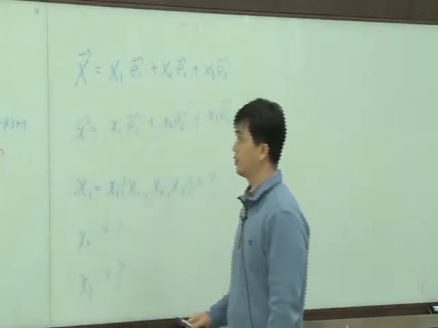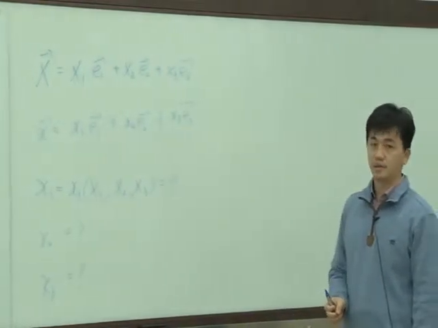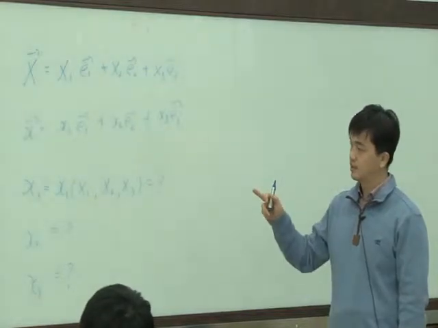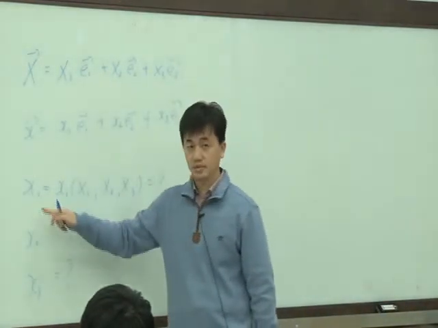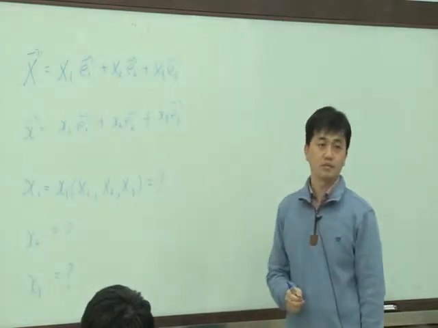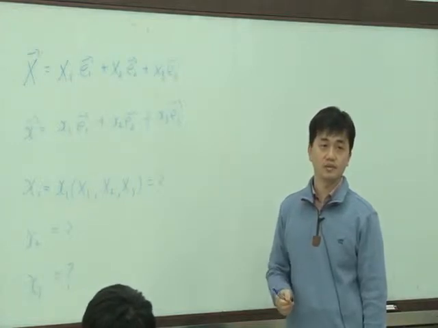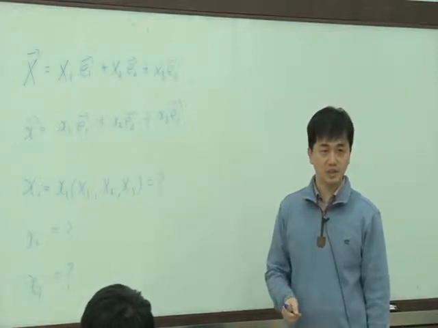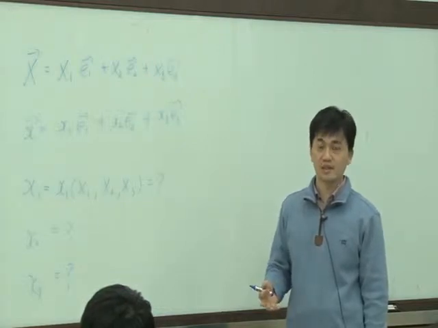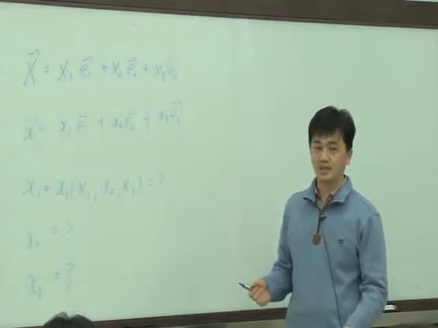So, first of all, I would like to find the function. The current position of a material point is a function of the initial position, right? So how can you find it? This is very simple geometry. Can you do that?